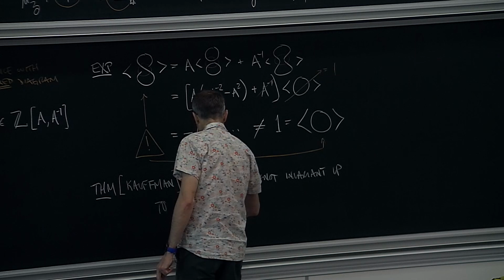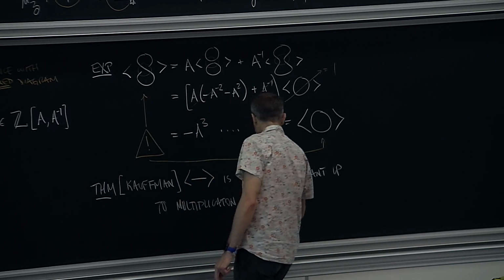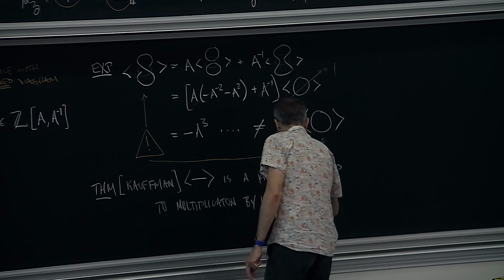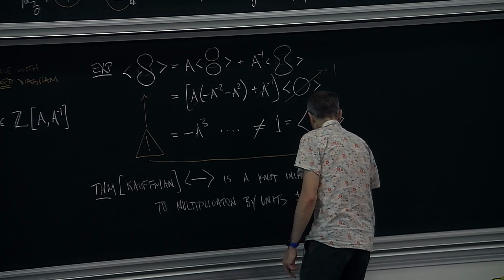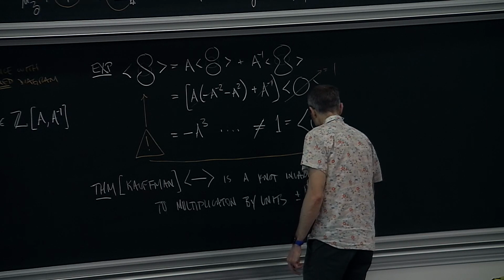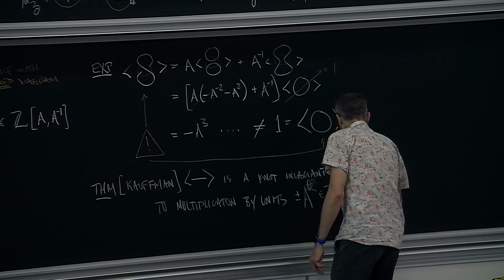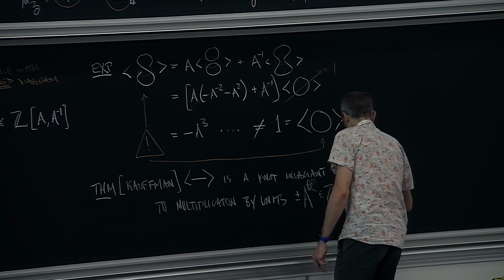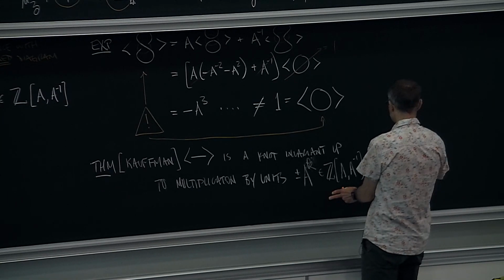Multiplication by units. So what do the units look like? Well, they're like plus or minus A to the k, I won't write it as plus or minus, that looks ambiguous, k in Z, A inverse, where k is any integer.